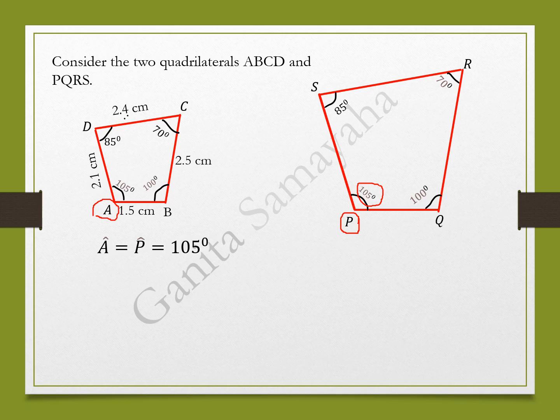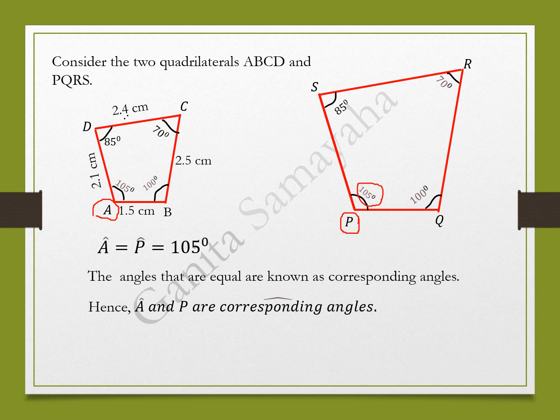Here with respect to two polygons, children, we are not talking about parallel lines. There also we use the word corresponding, but in a different sense. Here we are concerned with two different quadrilaterals, and when you find two angles equal, those two angles are said to be corresponding angles. As such, here A and P are corresponding angles. And how do we denote them?